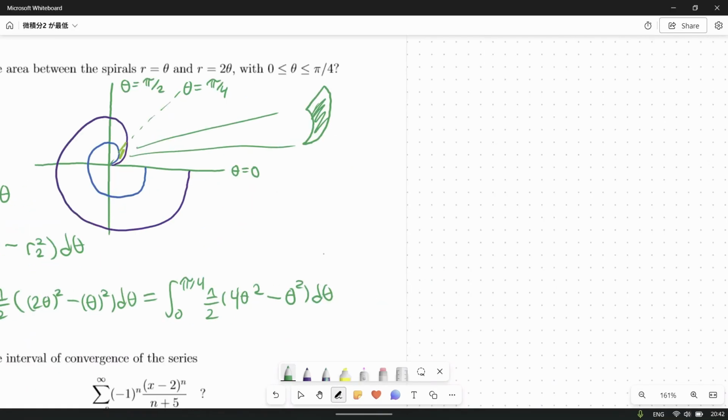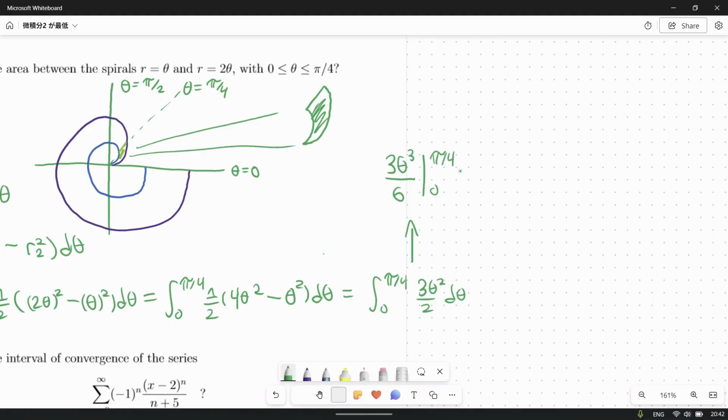And then this can ultimately simplify to the integral from 0 to pi over 4 of 3 theta squared over 2 with respect to theta. And that's going to be a pretty simple integral. That's just going to go to 3 theta cubed over 6, evaluated from 0 to pi over 4.